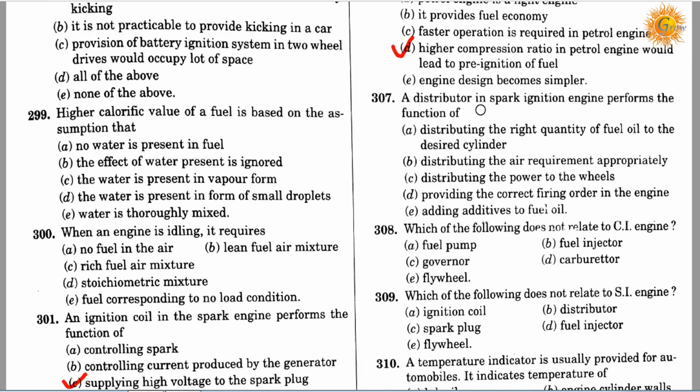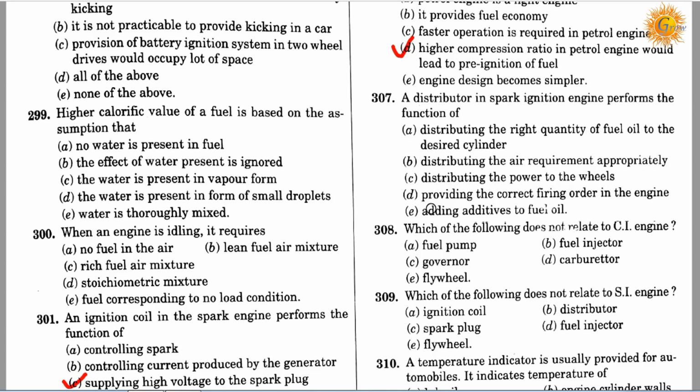A distributor in a spark ignition engine performs the function of option A, distributing the right quantity of fuel oil to the desired cylinder. Option B, distributing the air requirement appropriately. Option C, distributing the power to the wheels.